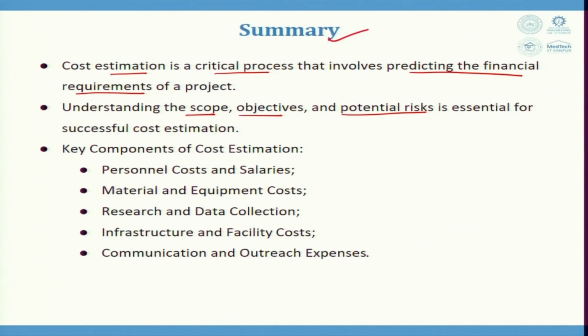The key components of cost estimation discussed in this lecture are personnel and salaries costs, material and equipment costs, and the factors and components of these costs. Research and data collection costs, infrastructure and facility costs, and communication and outreach expenses.